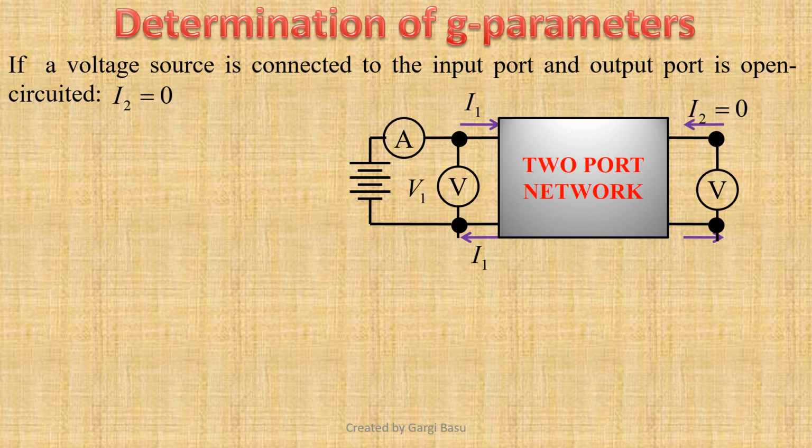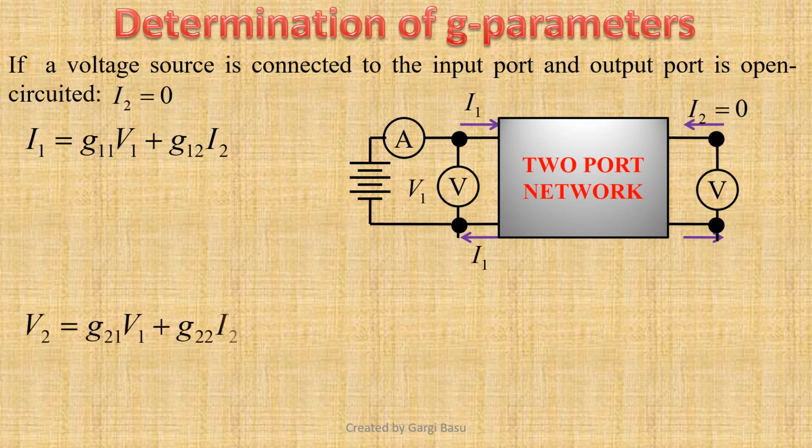The linear equations we use to describe two-port network using G parameters are I1 equals G11 V1 plus G12 I2 and V2 equals G21 V1 plus G22 I2. When I2 equals 0, the first equation reduces to I1 equals G11 V1. Therefore, G11 equals I1 by V1.